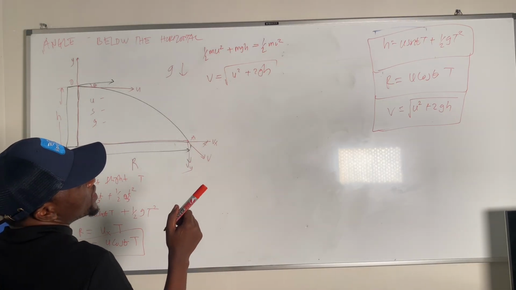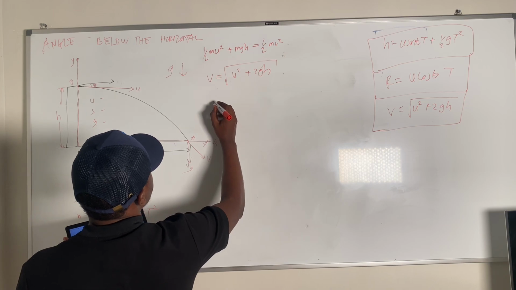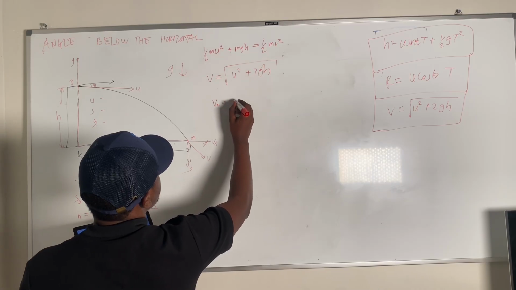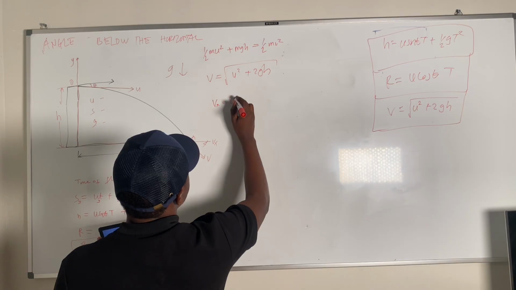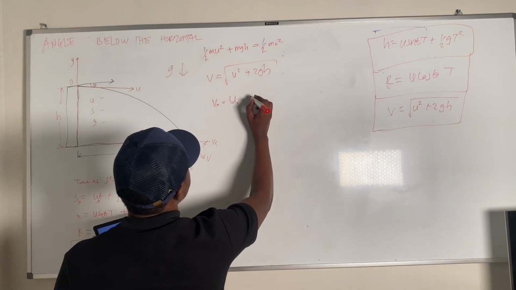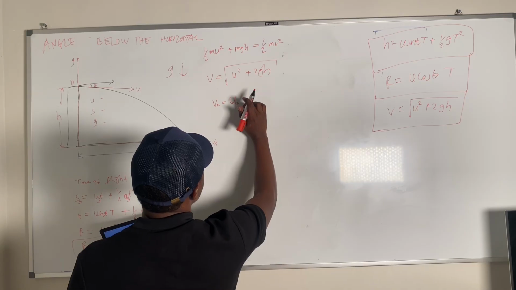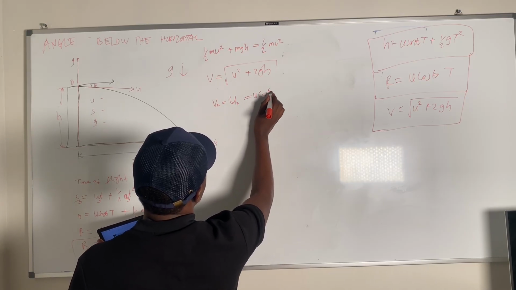We may write it in terms of time t, whereby we know the velocity v in x direction is equal to initial velocity in x direction plus acceleration in x direction, which is 0, so it is equal to u cosine theta.